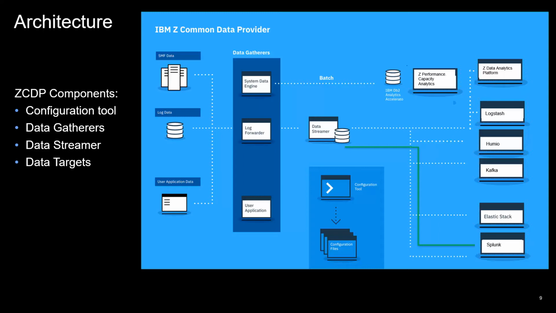The data streamer address space then formats and delivers via a network connection the stream data into the analytics platform of your choice. On the right-hand side, we see the analytics platforms listed: the Z Data Analytics Platform, Logstash, Humio, Kafka, Elasticstack, and Splunk are all supported by Common Data Provider.